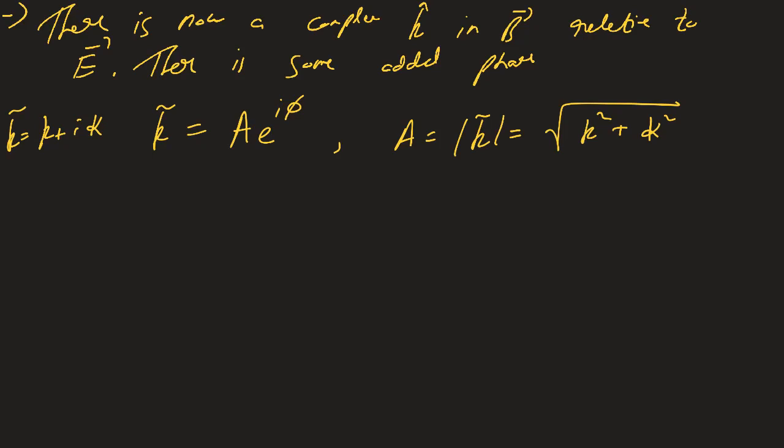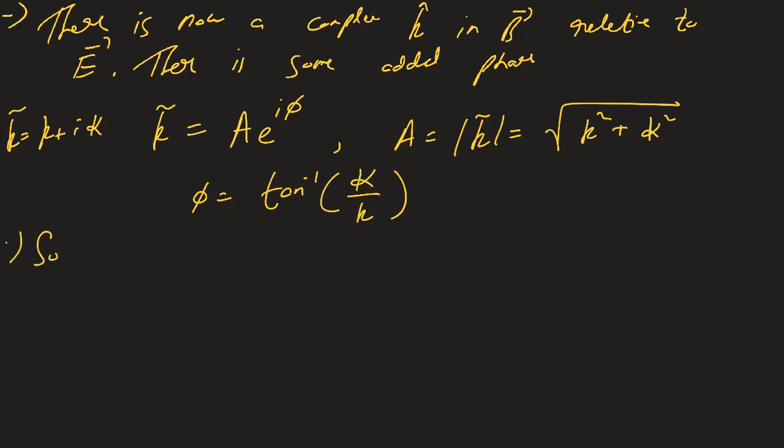So k tilde is equal to A e to the i phi, where A is the amplitude, and phi is the usual definition of the phase of a complex number. That's tan inverse of kappa over k.